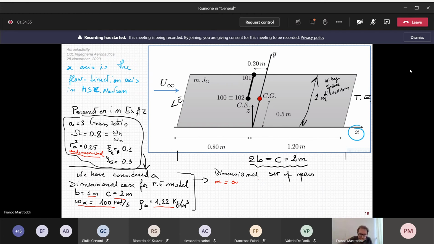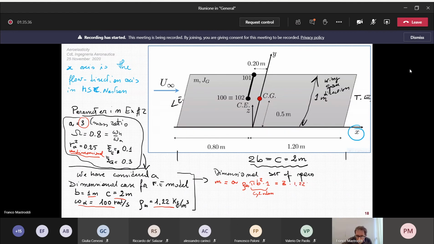Remember, the cylinder of air material, and so the mass of the air cylinder is exactly equal to rho, the air density, by pi b square by 1, and this is the cylinder volume. And this mass corresponds to the value 3.